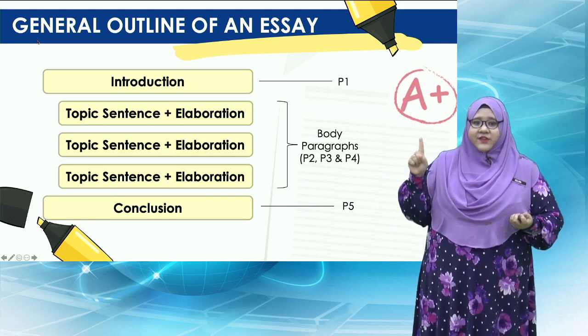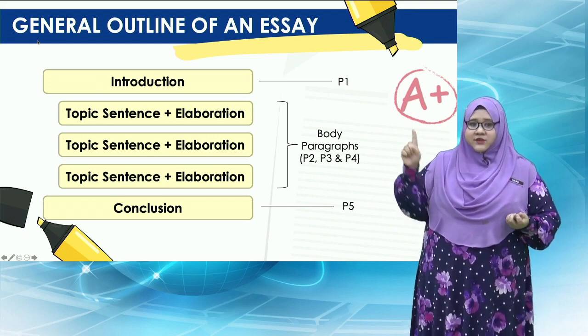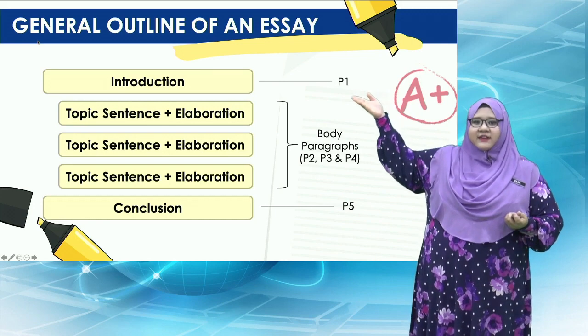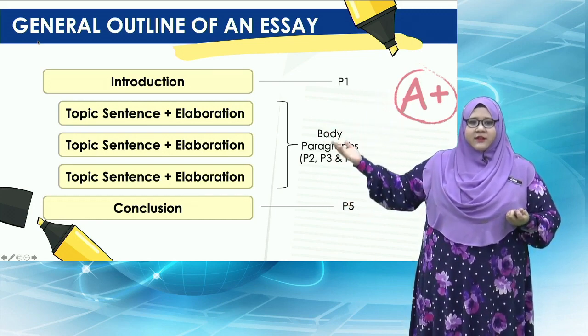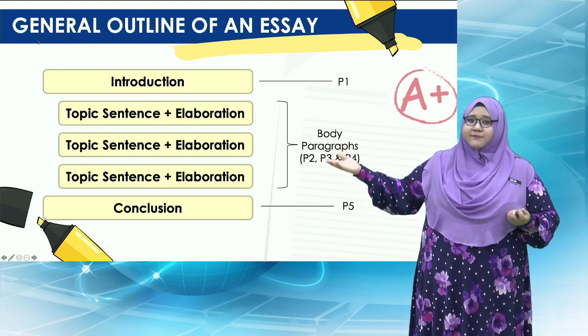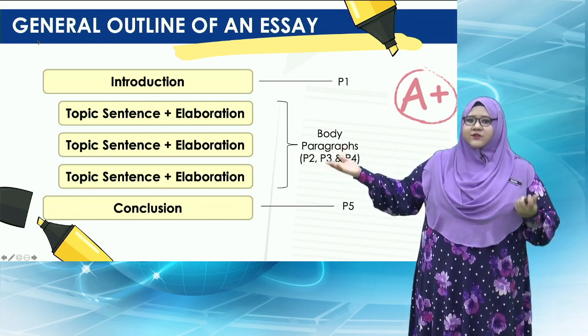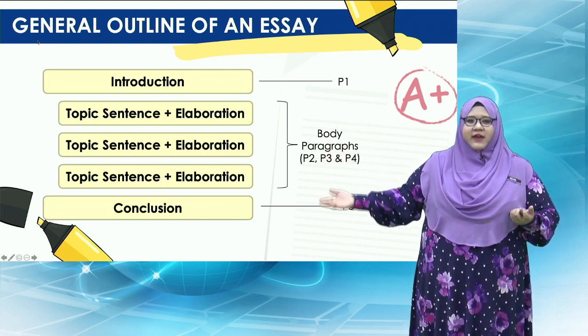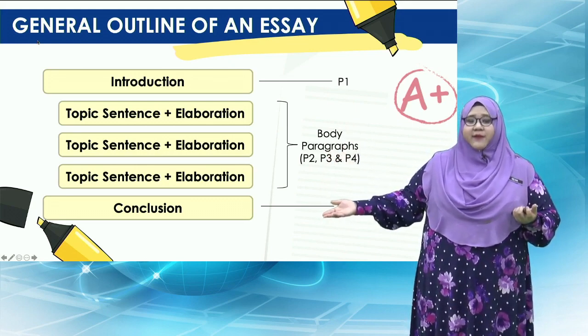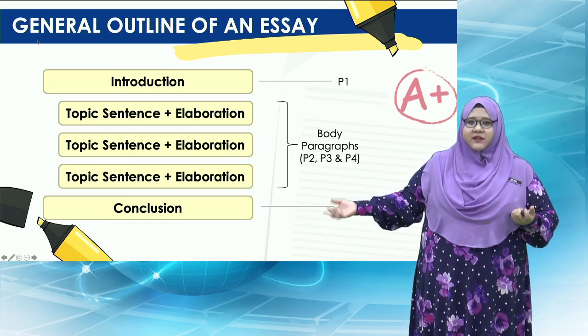The first paragraph is your introduction, and then you have 2 to 4 paragraphs of the body of your essay, the main ideas, the elaboration, your topic sentences, everything goes here. And then you have 1 final paragraph for conclusion.